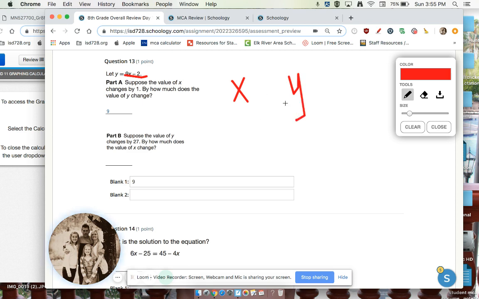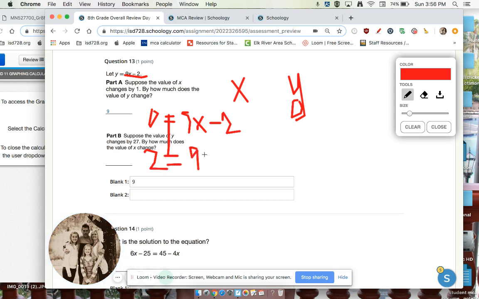So let's say that y is 0. Okay, so if y is 0, I got to figure out what x would be. So 0 equals 9x minus 2. And this is not going to be pretty because it's definitely going to be a fraction. So I'm going to add 2 to both sides, and I would get 2 equals 9x.